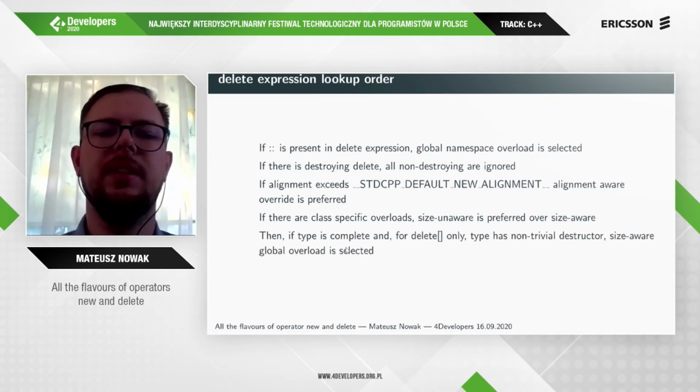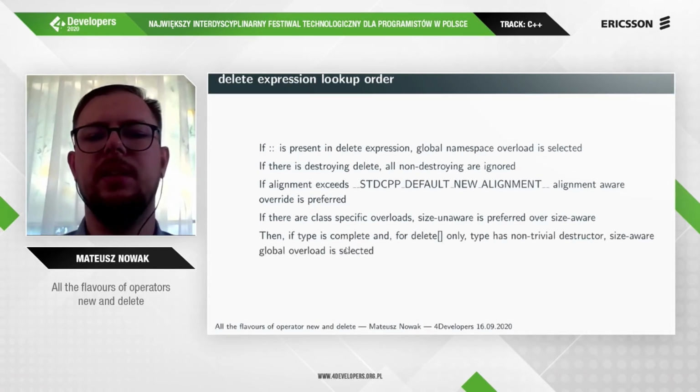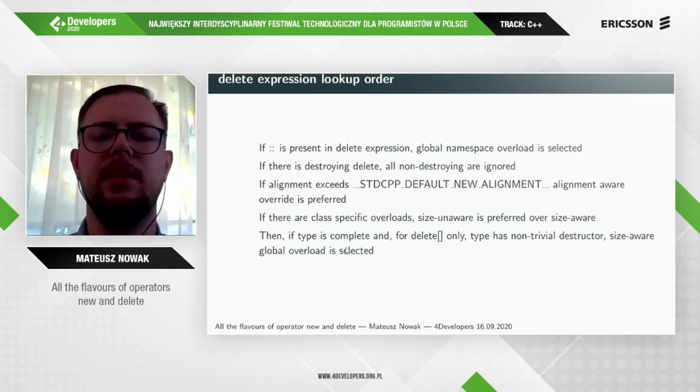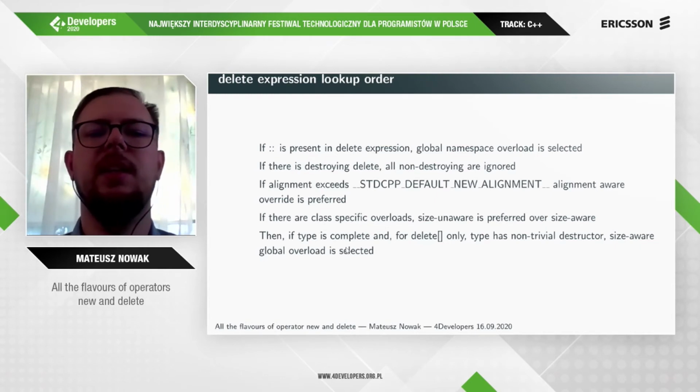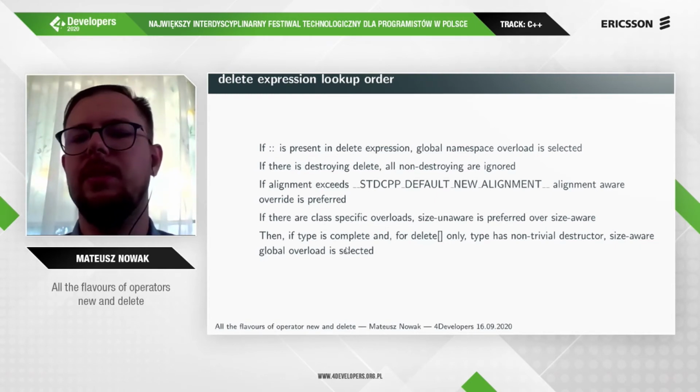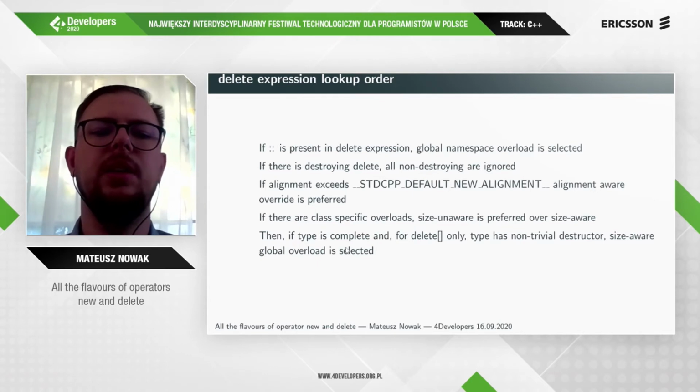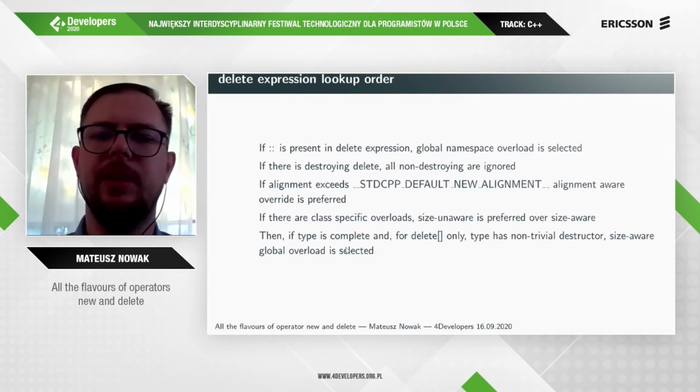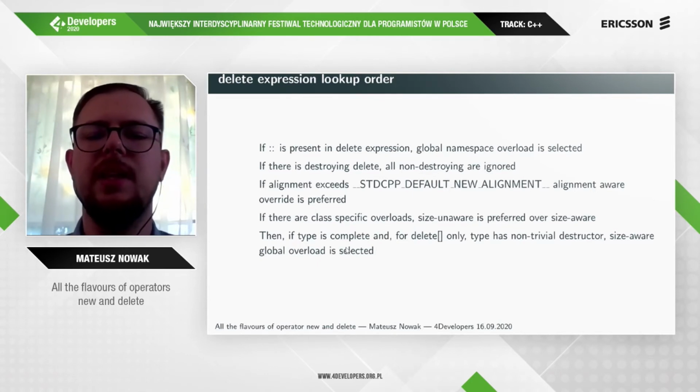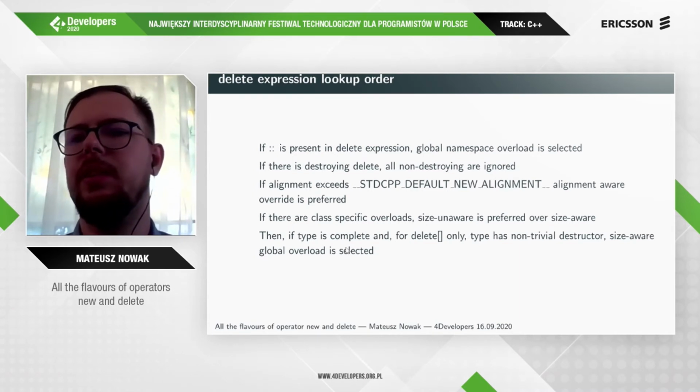Then if the type is complete, or, for delete array only, the type has a non-trivial destructor, the size-aware global overload is selected. So you have to read this in two parts actually. If the type is complete, then the size-aware global overload is selected. Or if you are using array delete and the type has a non-trivial destructor, again, the size-aware global overload is selected.